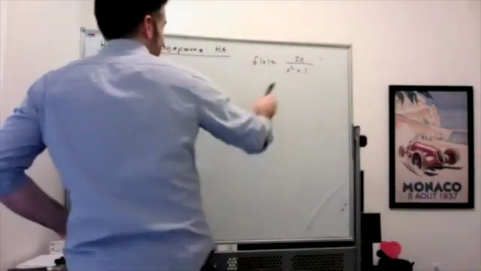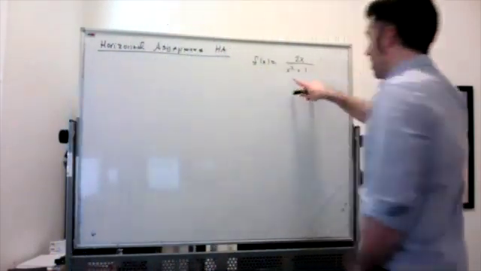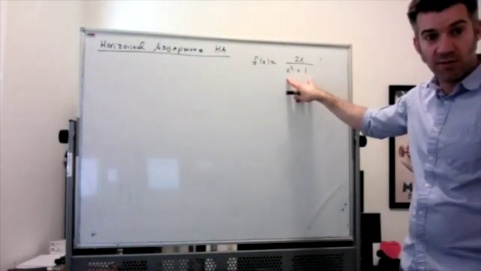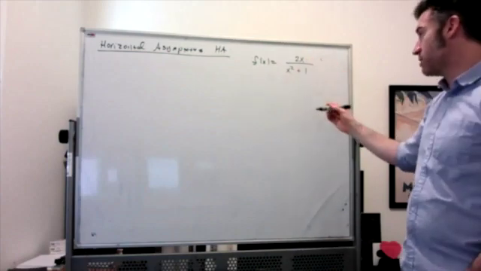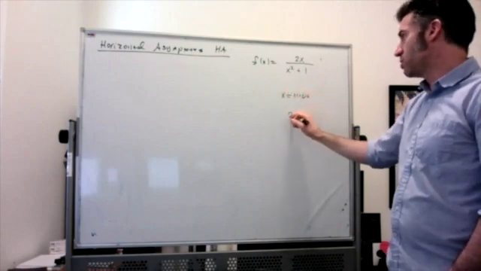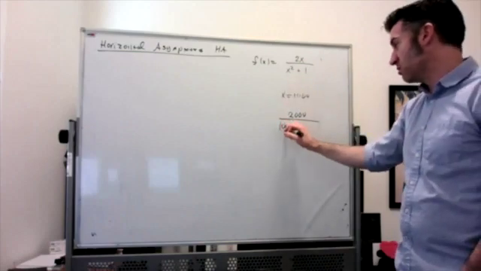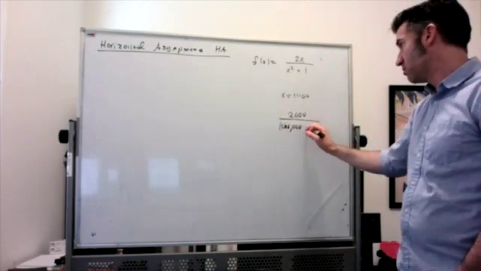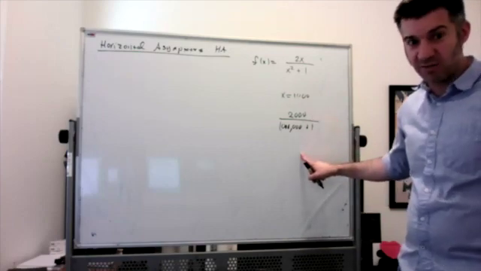Okay, well, if I've got a big number divided by a big number, here's the thing. The denominator here is going to be a bigger number because it's x squared. The numerator is just 2x. So if you pick something like x equal to 1,000, on top you're getting 2,000. On the bottom you're getting 1,000 squared, which is 1,000,000, plus 1. 2,000 divided by 1,000,000 is going to be pretty small.